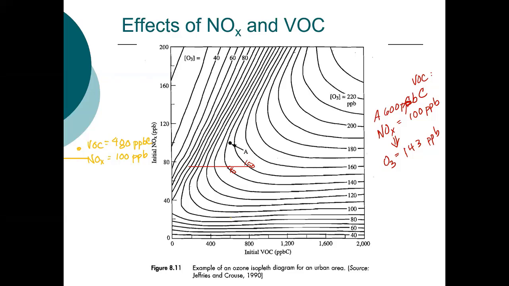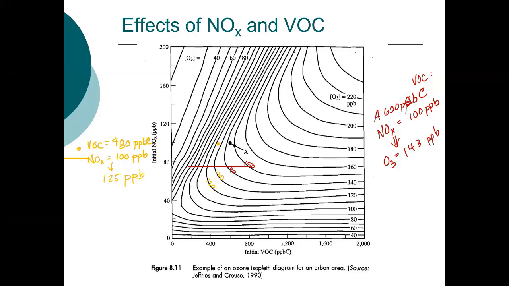So we're going to decrease the VOC to about 480, right in about here. NOx doesn't change. In this case, we're interpolating between this 120 line and the 130 line, and this is about 125 parts per billion.